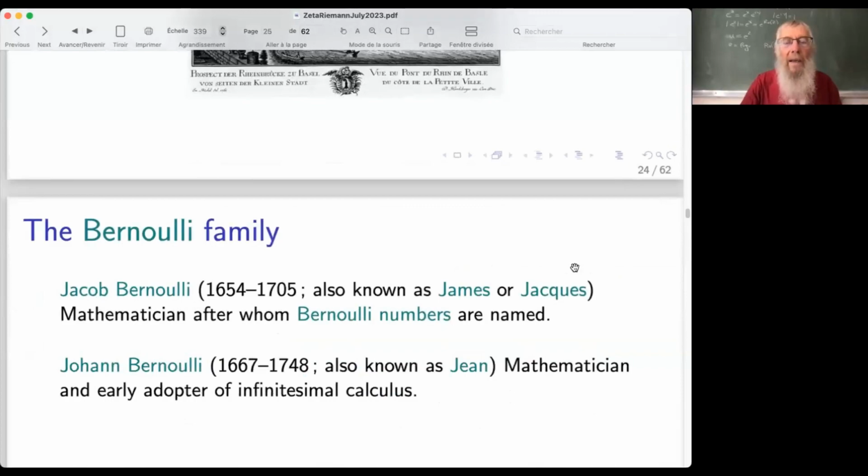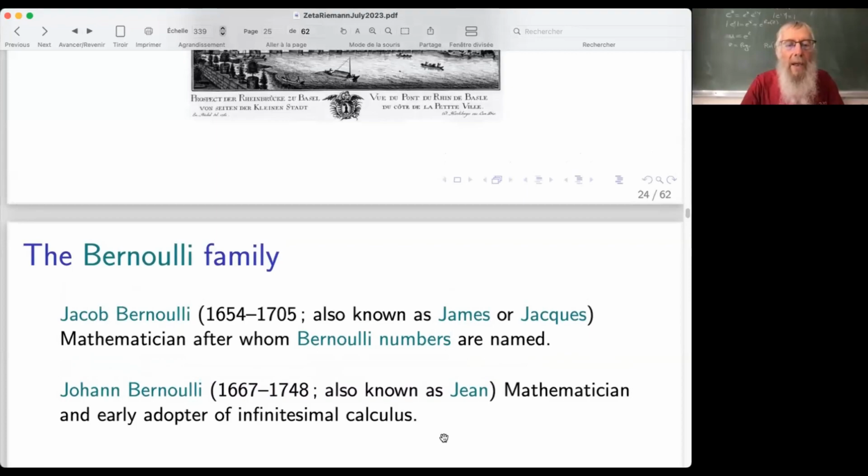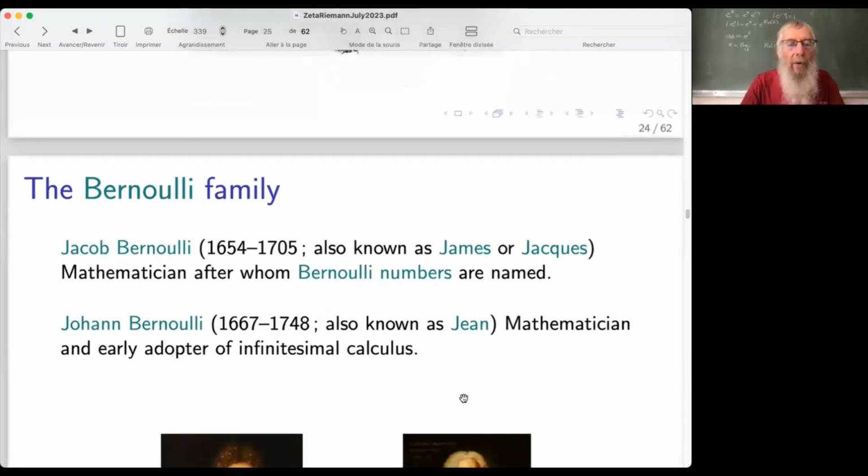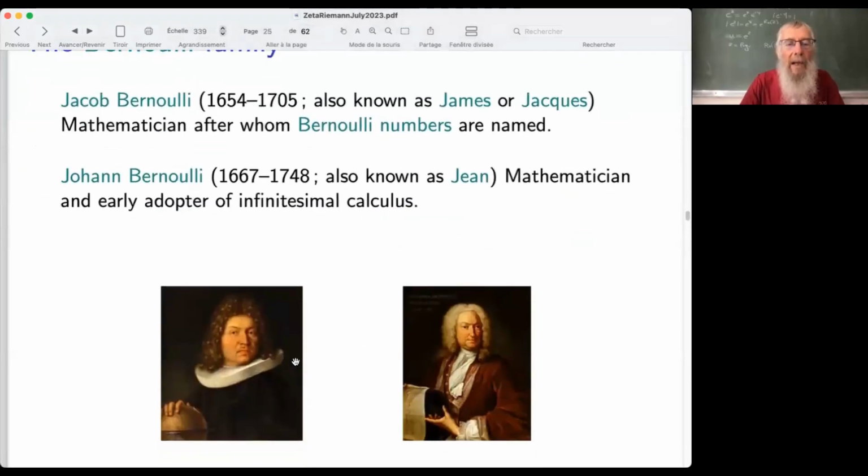And this is where they studied number theory. The Bernoulli family is just very extraordinary because there were many mathematicians in this family. The oldest one was James or Jacques or Jacob Bernoulli, and the Bernoulli numbers were found by Jacob. And Johann Bernoulli, who was named also Jean, was an adopter of the infinitesimal calculus.